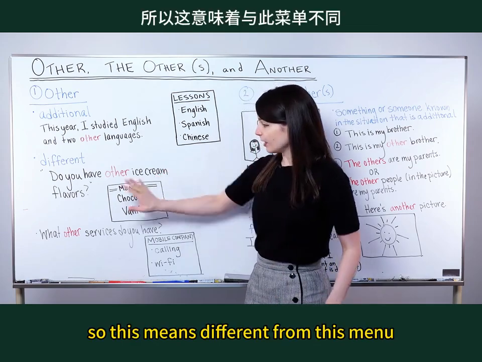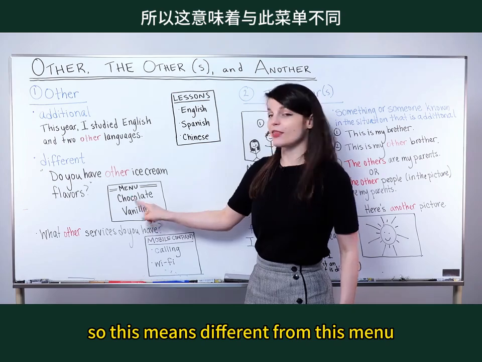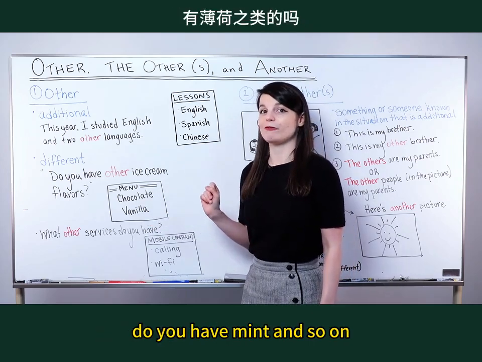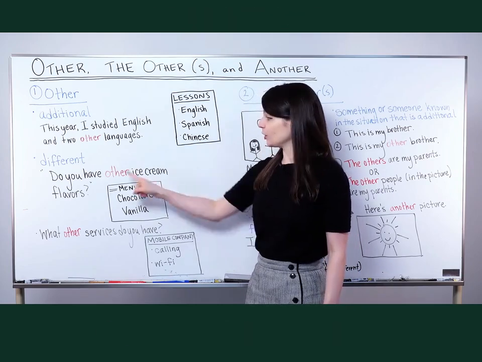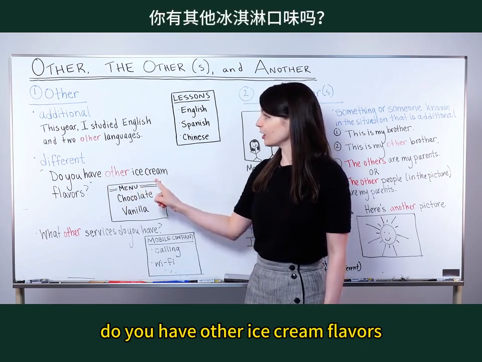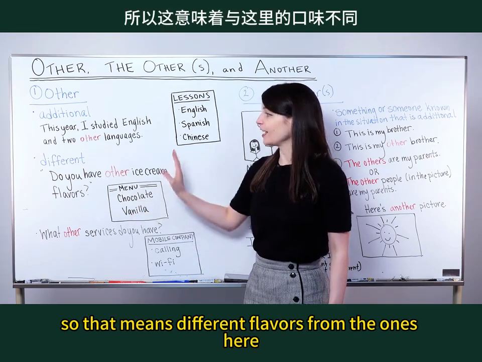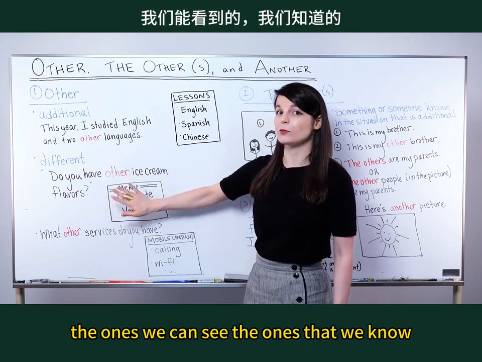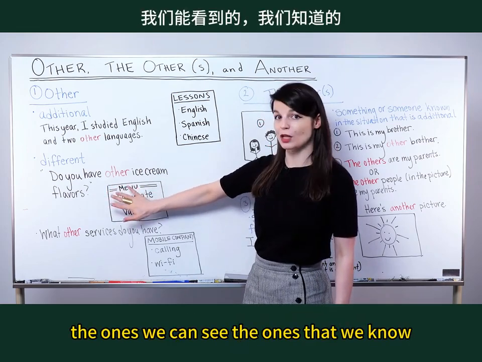So this means different from this menu. For example, do you have strawberry? Do you have mint? And so on. That means different flavors from the ones here, the ones we can see, the ones that we know.